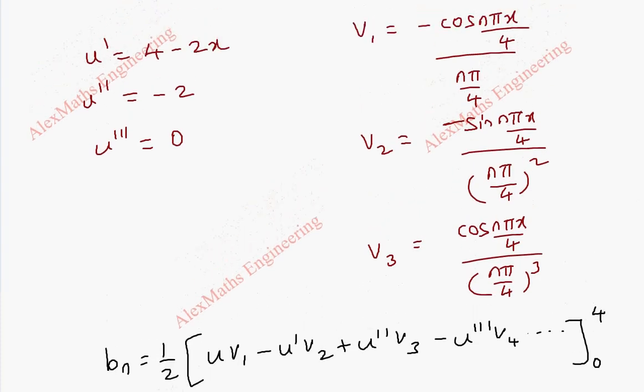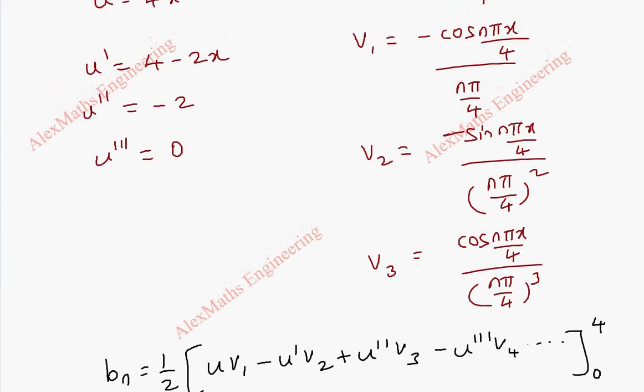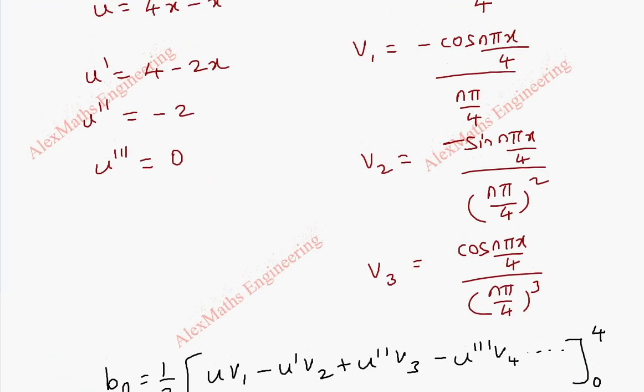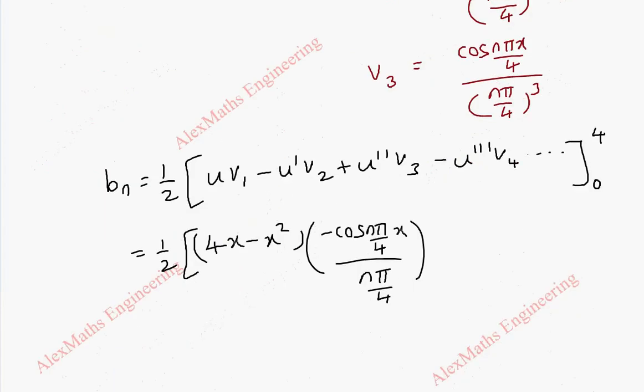Now u, which is 4x minus x square. So 1 by 2, 4x minus x square into v1, which will be minus cos n pi x by 4 by n pi by 4. So we substituted u v1, then minus u dash v2. U dash is 4 minus 2x.